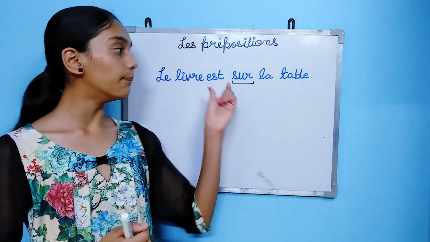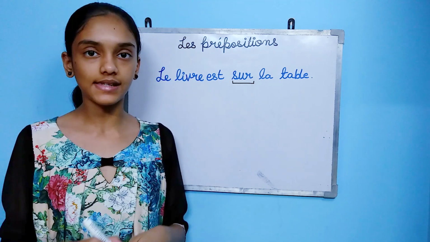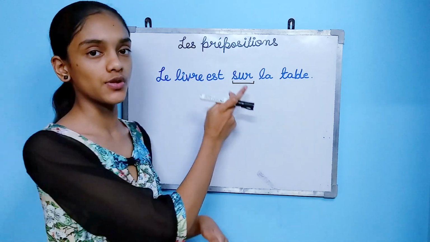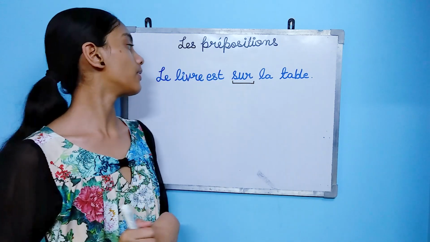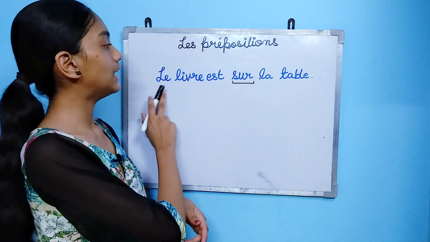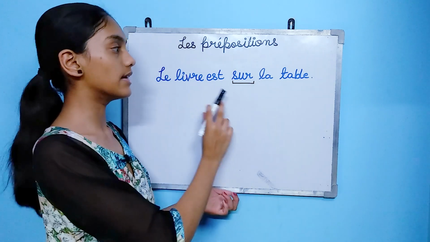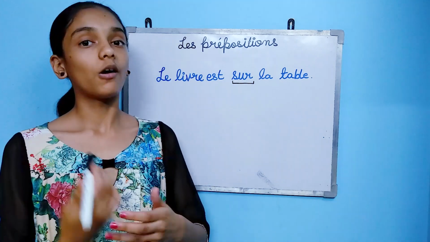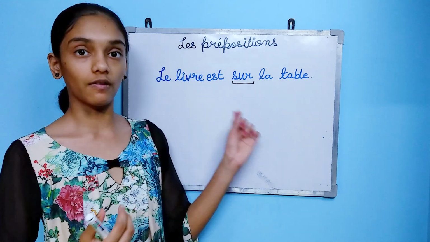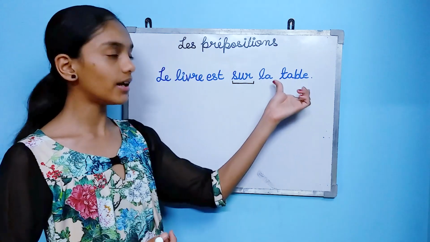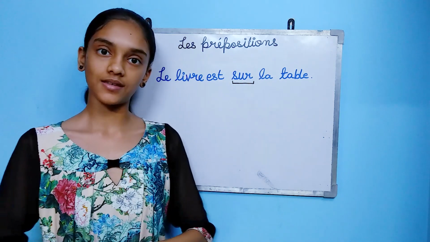Now let's see the placement of the preposition in a sentence. Here I have taken a sentence which has a preposition sur, which means on. The sentence is Le livre est sur la table, which means the book is on the table. As I told you, prepositions connect a word with another element in the sentence.